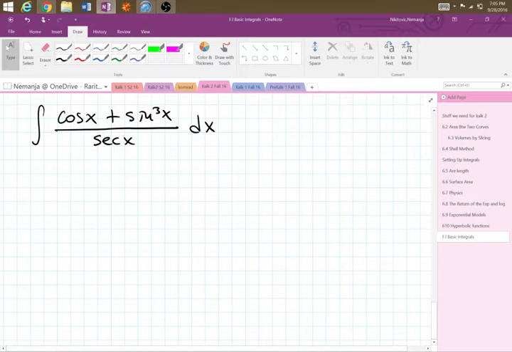If you take out a sine x from the cube, there's an identity where cosine squared x plus sine squared x is equal to 1. You see what I'm saying?